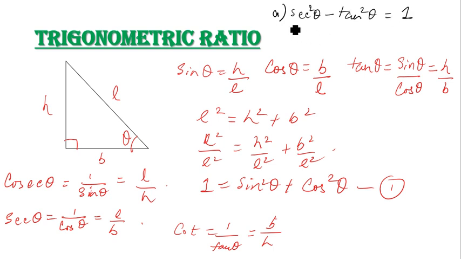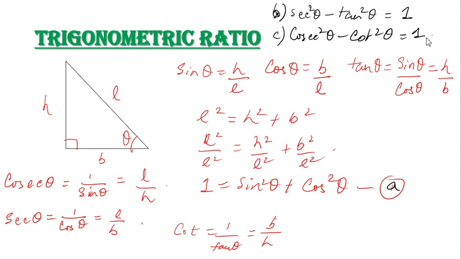Sorry, it should be B and this should be A. And the third one is cosec square theta minus cot square theta equal to 1.